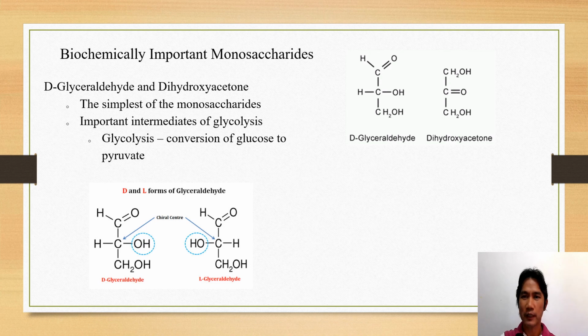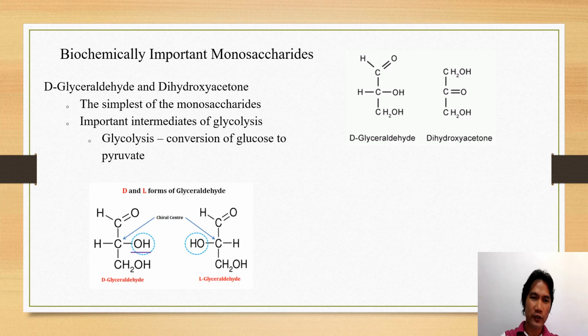So here you have again the structure of glyceraldehyde. Glyceraldehyde is an aldotriose, whereas dihydroxyacetone is a ketotriose. Okay, and then we have here the 2 enantiomers of glyceraldehyde, the D and the L. Our reference is the OH on the second carbon.